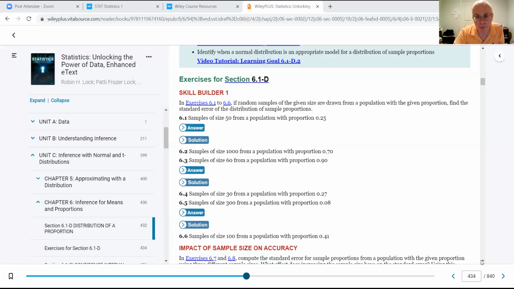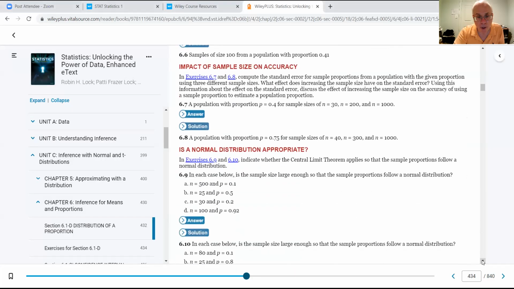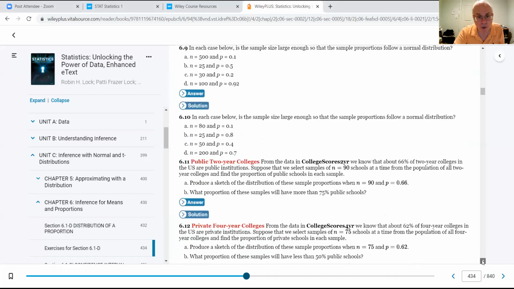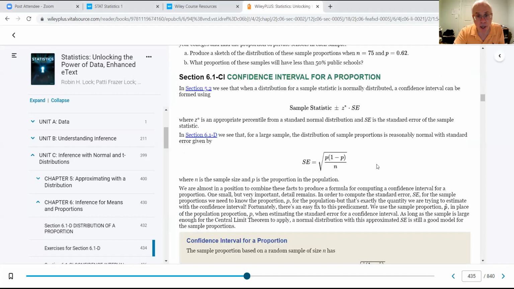All right, anyway, let's now go to the next section. Now, here's something new. We know that a confidence interval is the point estimate of the sample statistic, the point estimate of the population parameter.